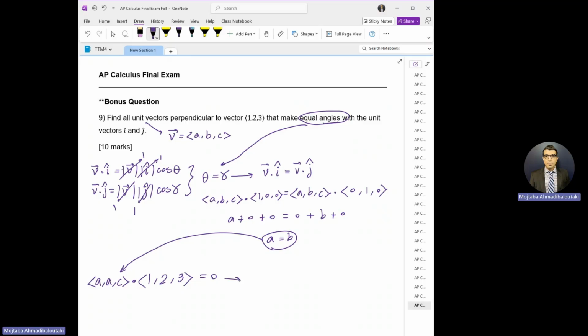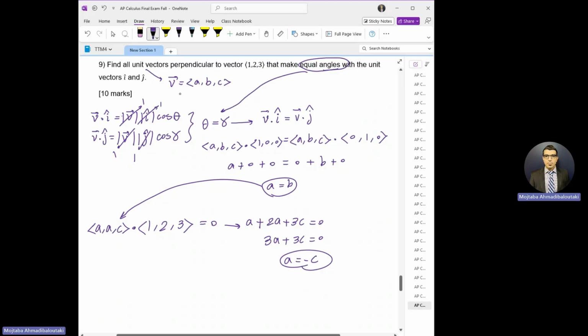So now this dot product becomes a plus 2a plus 3c equal to 0. This is 3a plus 3c equal to 0. So here we can find this relationship between a and c, right? So a is minus c. So we found all these components of vector V that we're looking for based on a, right? So our vector V would be a, a, and minus a, right? Does it make sense?